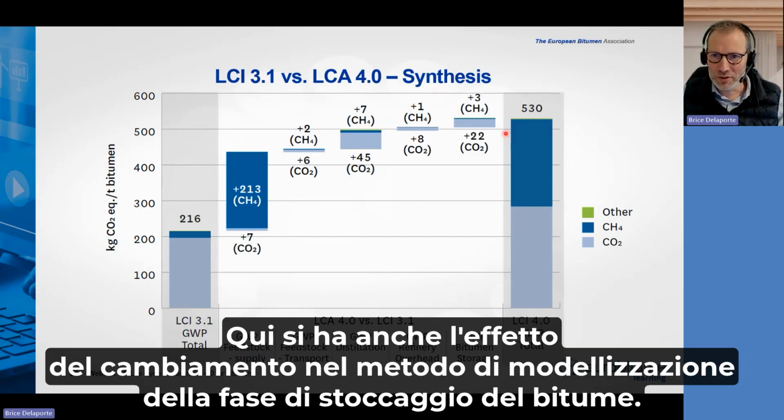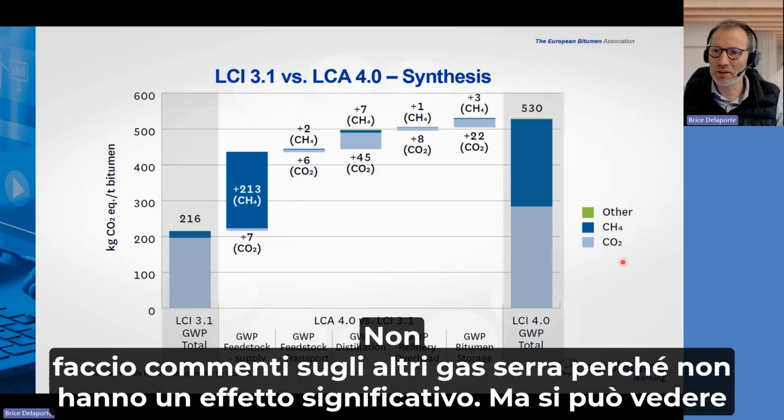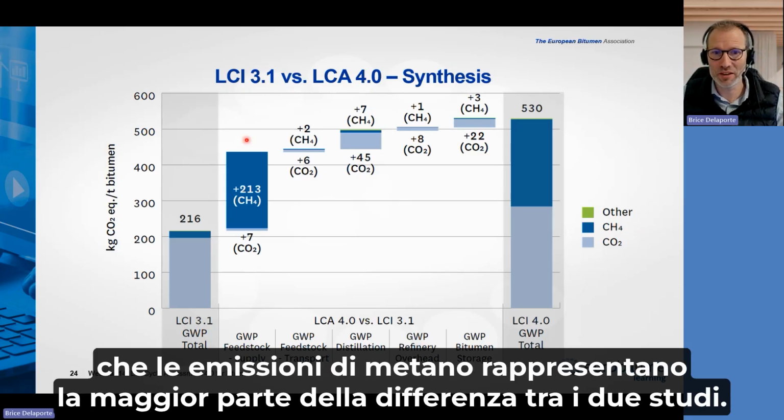And here you have the effect also of the change in the method to model the bitumen storage stage. And you have, as I mentioned, the distribution according to the different greenhouse gases. So no comment about the other greenhouse gases because they have no significant effect, but you can see that methane emissions explain the major part of the difference between both studies.